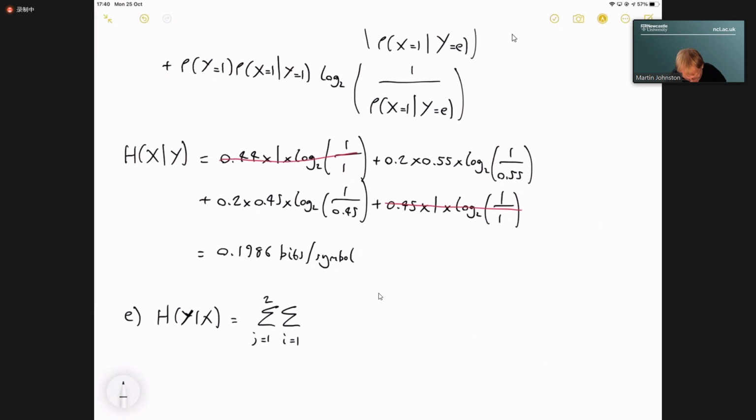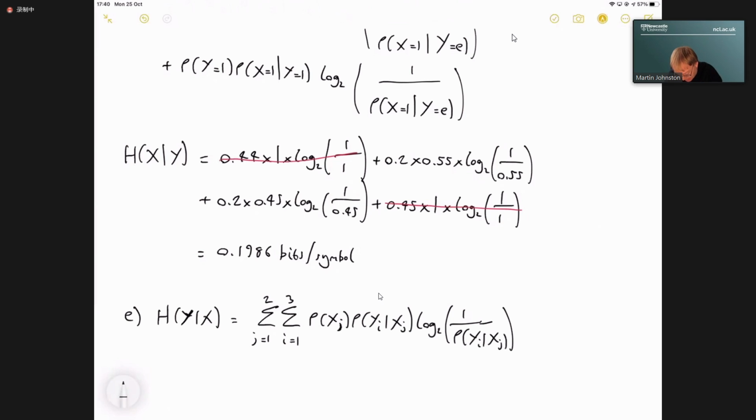So the same summations. This time it's the probability of x_j, sorry, times the probability of y_i given x_j times log of 1 over the probability of y_i given x_j.